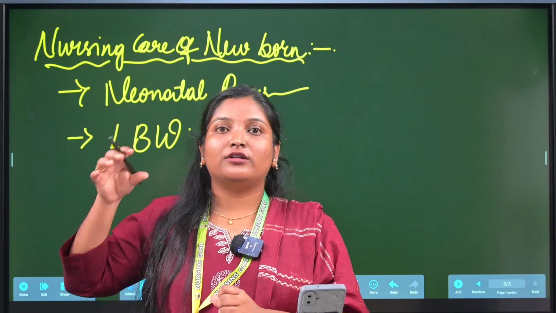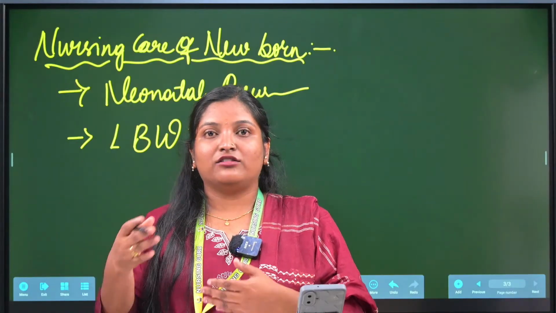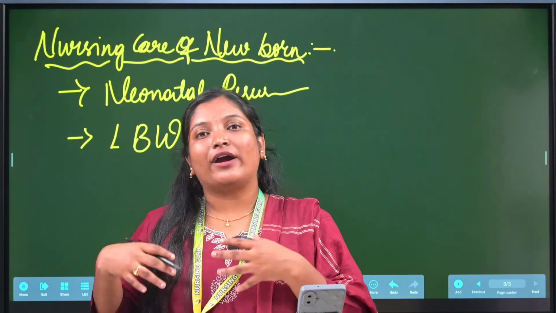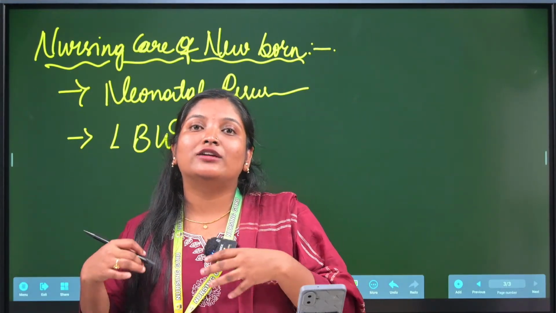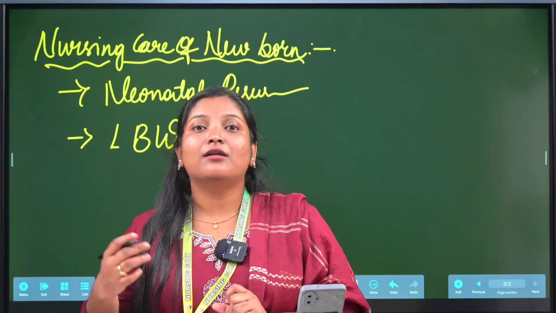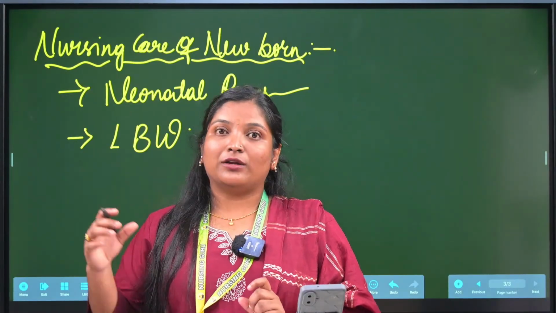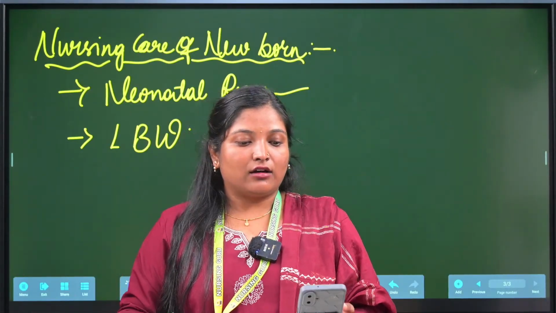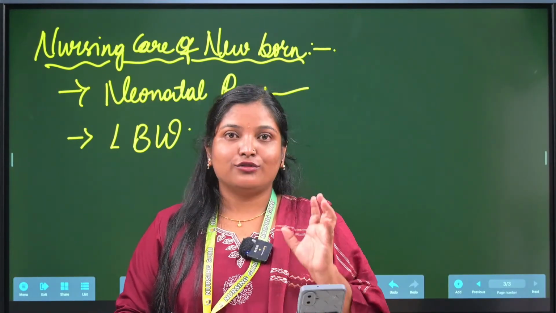We put the baby inside the dress, against the body of the mother, to provide warmth. What is the benefit of this? Baby will get more connection towards the mother and the family member, and it is very low cost also. Incubator charge will be less. So these are the things you should focus on more.